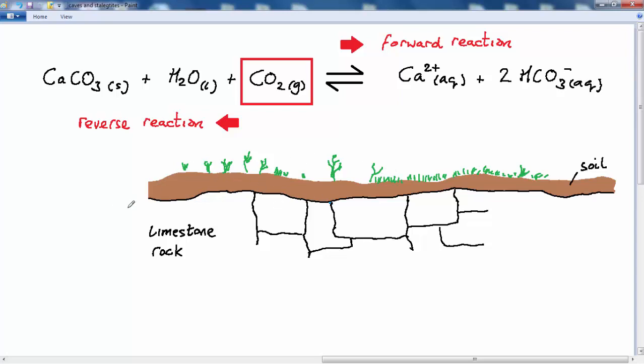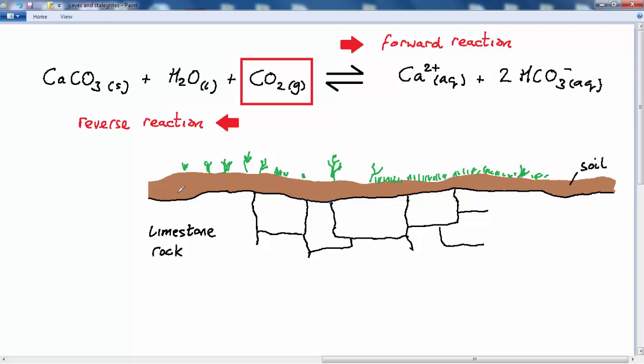And what's going to happen is that these plants are going to die, their leaves are going to fall off, and they're going to fall onto the soil, and they're going to start rotting, and there's all sorts of microbes in the soil which are going to help to decompose that rotting vegetation.